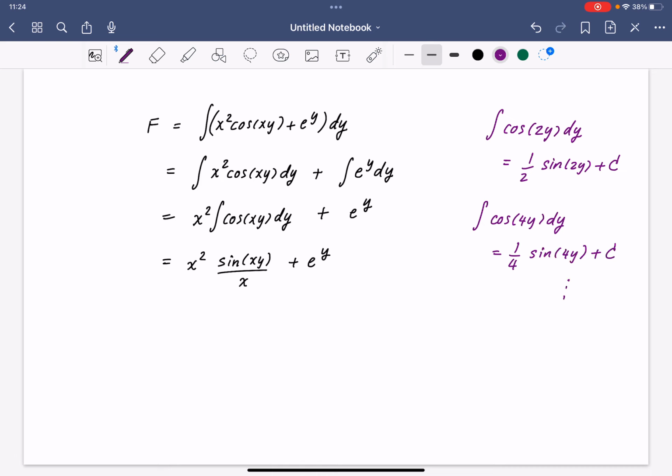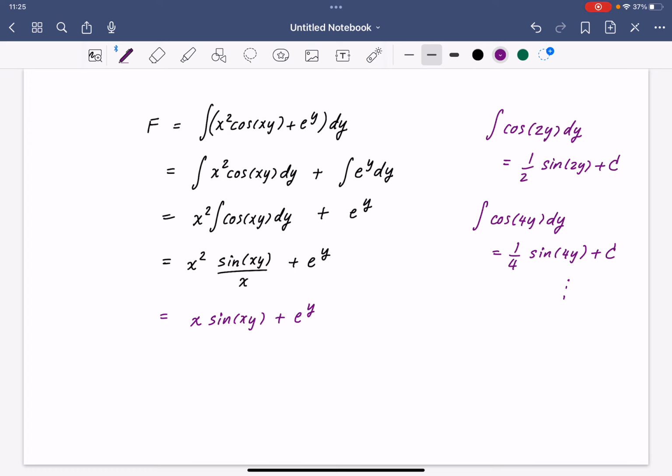If you change this number, any number, to x, then once you integrate, you cancel, so you get x sine xy plus e to the y.